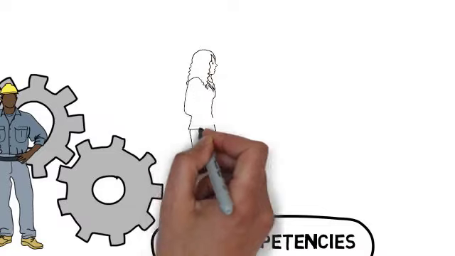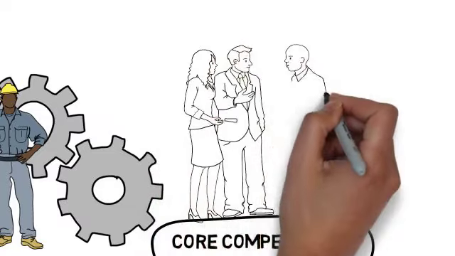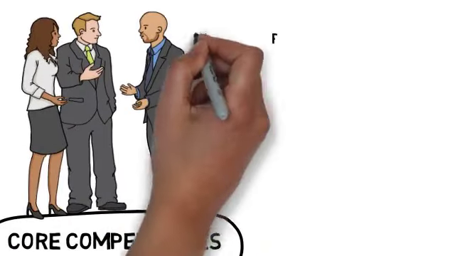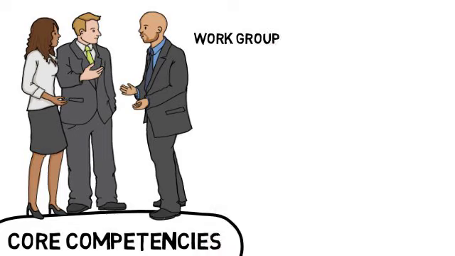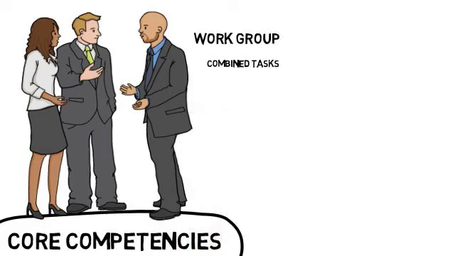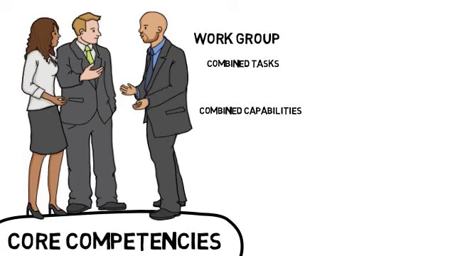When considering organizational core competencies, we can narrow the focus to work groups or specific jobs. When we talk about a work group's core competency, we are referring to the group of jobs whose combined tasks support their specific function, and that is required by the organization to improve its unique capabilities or its core competencies.